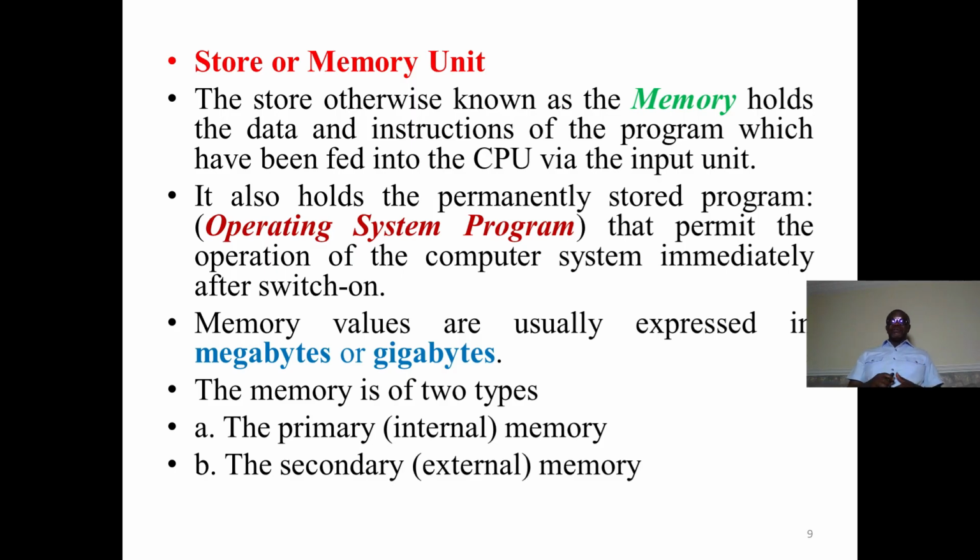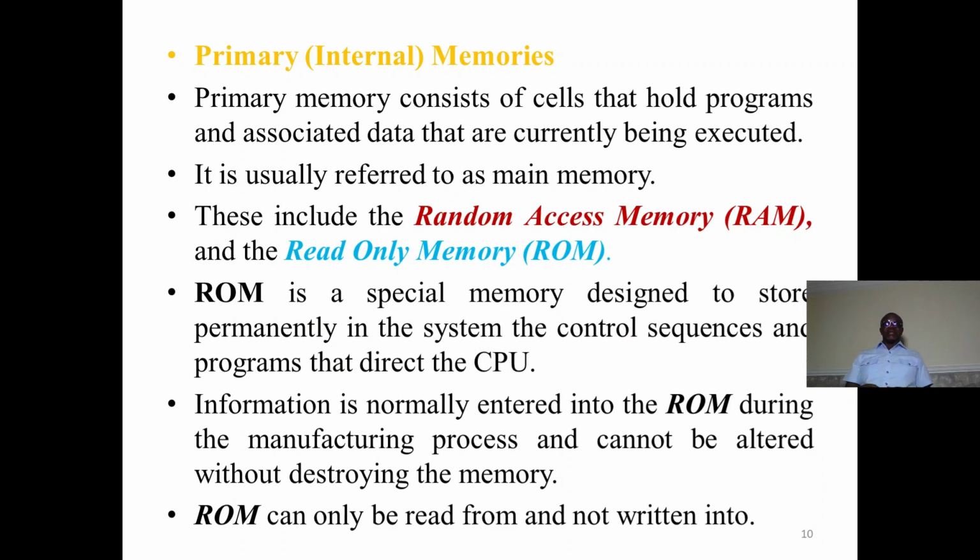Memory values are usually expressed in megabytes or gigabytes. The memory is of 2 types, as seen in the block diagram: the primary, otherwise known as the internal memory, and the secondary, otherwise known as the external memory. Now, let's quickly look at the primary memories.